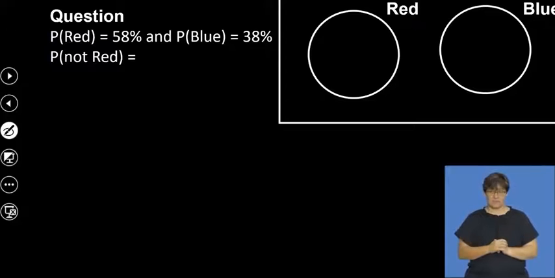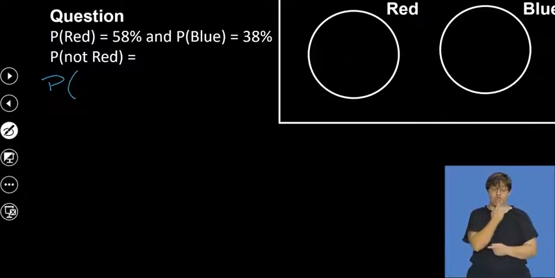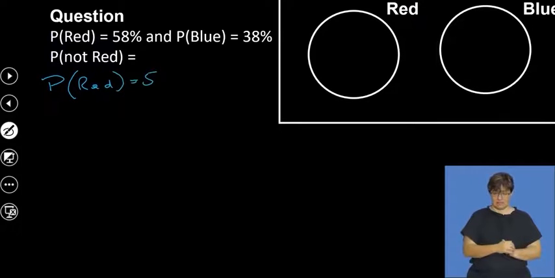So if we say P not red, then what we've got to recognize is, first of all, the probability of red we've been given was 58%. We've been given that. That's up there. But what is not red?